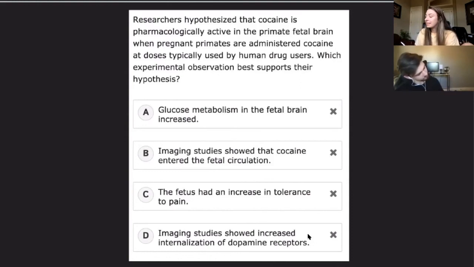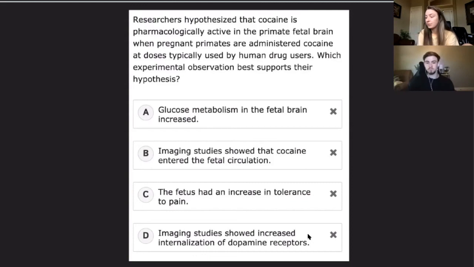The reason why I picked A was because I understood what A was saying, and I felt like it was a true statement that could actually happen. And D, saying that we have an internalization of dopamine receptors, sounds to me like we're not having them being used or something, that we're metabolizing them. I'm not really sure what it's trying to say.